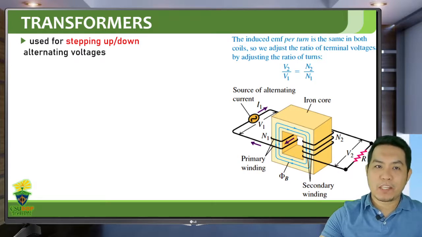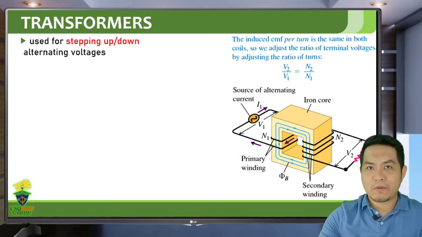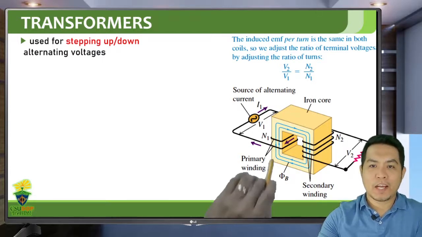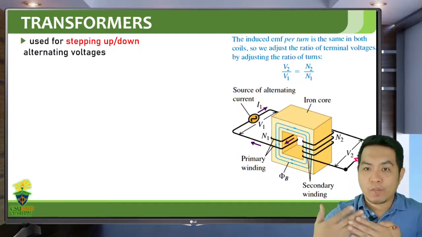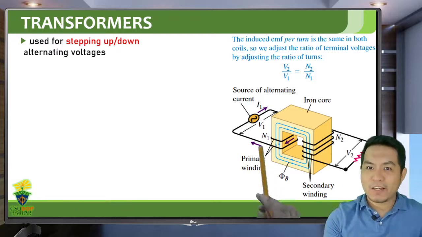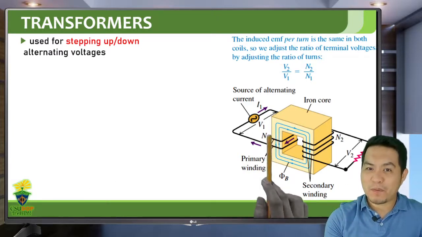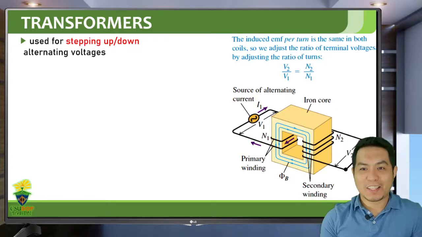Depending on the number of turns, you can design your transformer to increase the voltage or to decrease the alternating voltage. Take note, there is no physical contact between the two coils, and the current is transferred from the primary coil to the secondary coil without physical contact. That is what we call inductance.